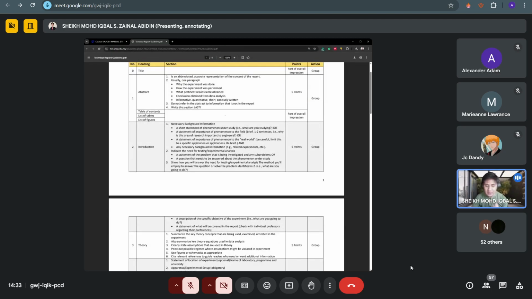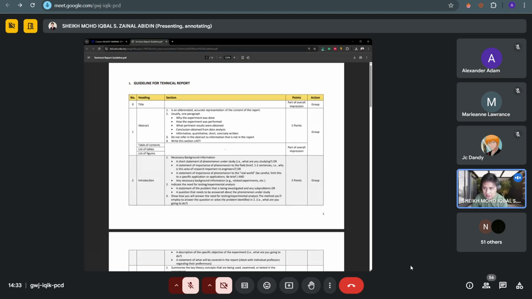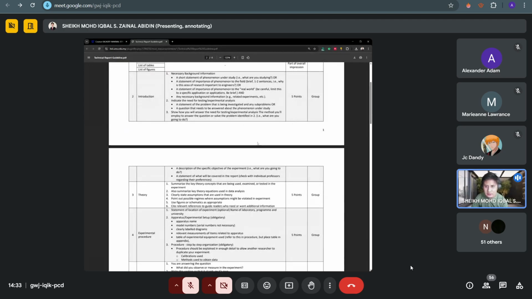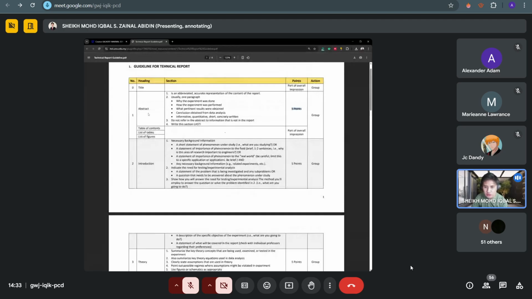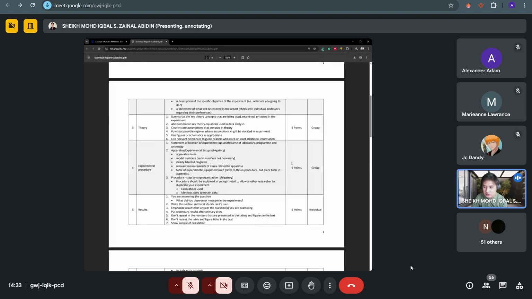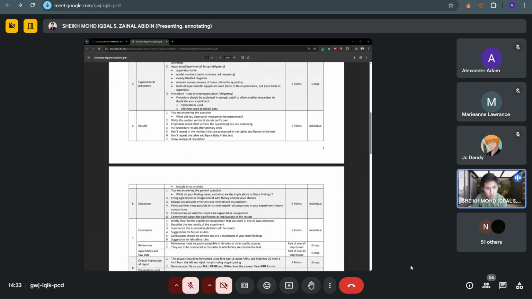But remember, this is another tip for you guys. This is what other students did badly in the previous semester, right? Look at the points. For the abstract, just 5 points, right? Most of the students do a lot for the introduction, abstract, and so on. But you know what they didn't do so well?